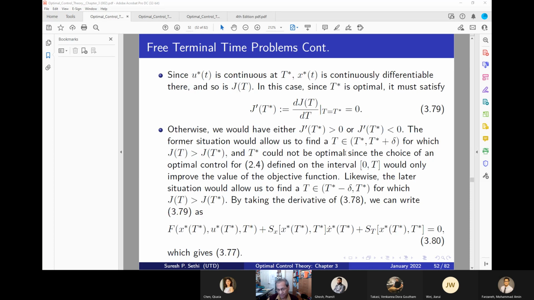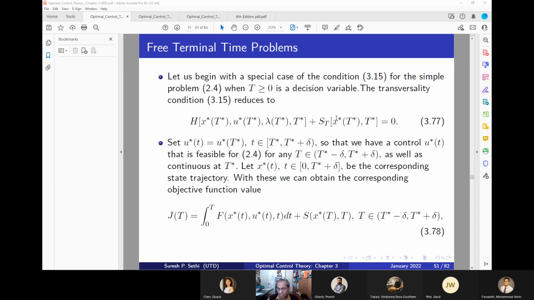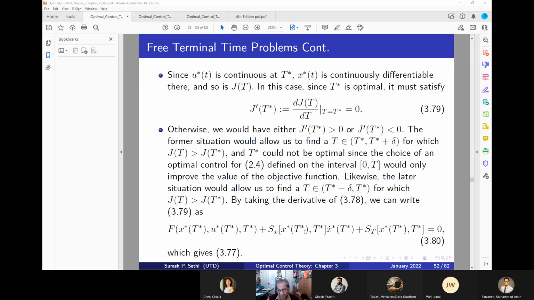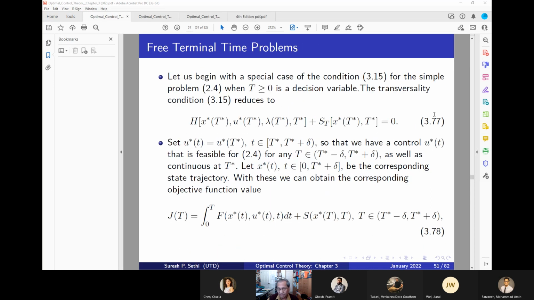And that second part is exactly this. So this is exactly 3.77. So now it makes a little bit more sense why this condition is the condition that we impose on t star to find the optimal t star. Any question here?